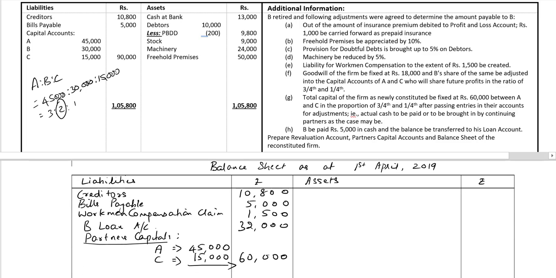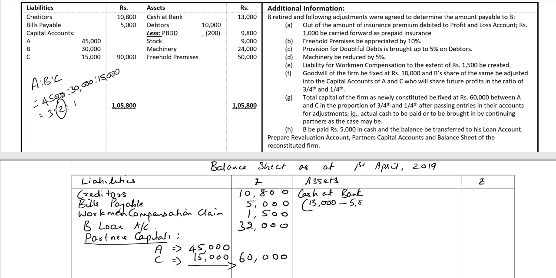Cash at bank. The opening balance of cash is 13,000 rupees. Now, as per point H, we paid rupees 5,000 to partner B, the retiring partner.